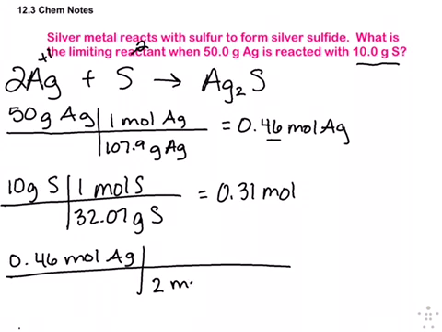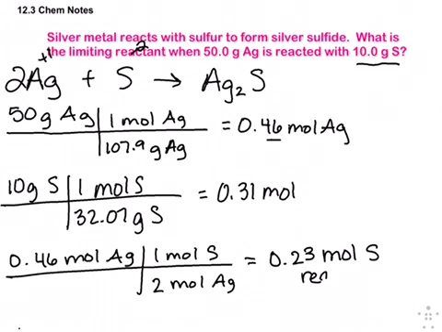So we have 2 moles of silver to 1 mole of sulfur. And you do that, and that determines that you need 0.23 moles of sulfur required in order for this reaction to use up all of the silver.